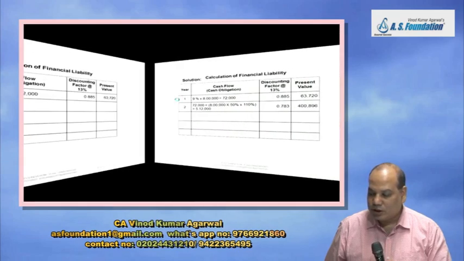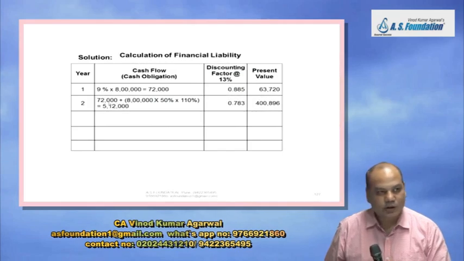So what is the cash flow in year 2 you have written? 72,000 will be interest. 8 lakh into 50% into 110%. So have you written 5 lakh 12,000 or separately 72,000 and 4 lakh 40,000?